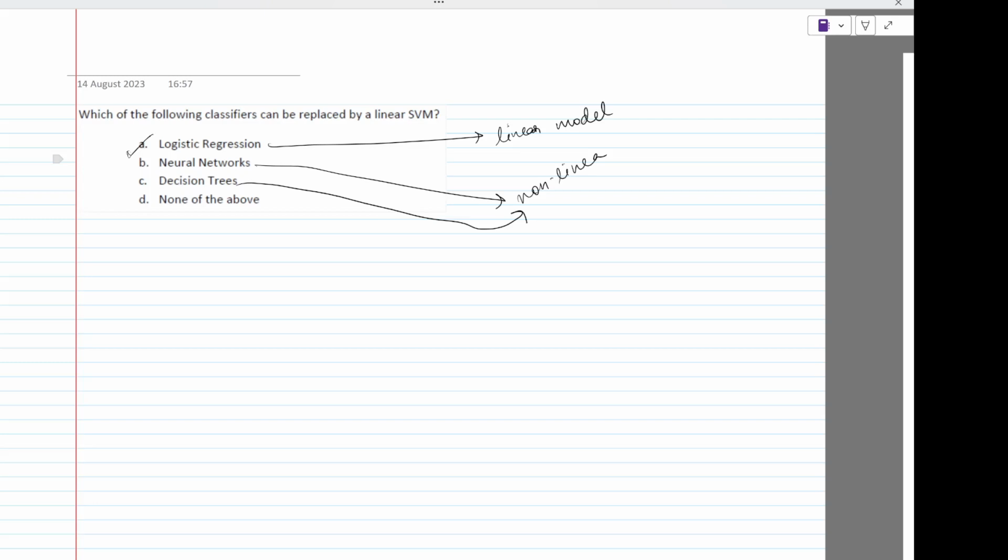The only difference is that instead of the hinge loss we use in SVM, in logistic regression you use logistic loss. If you have done a machine learning course prior to this, you may be familiar with this. Any doubts?